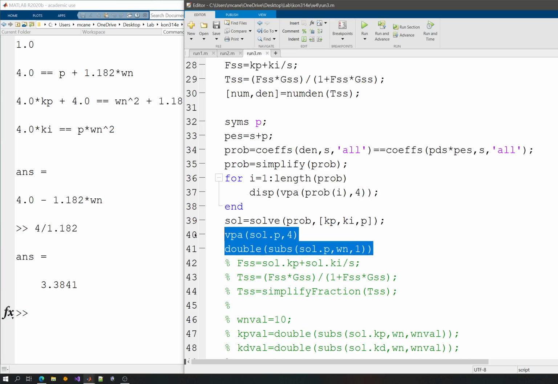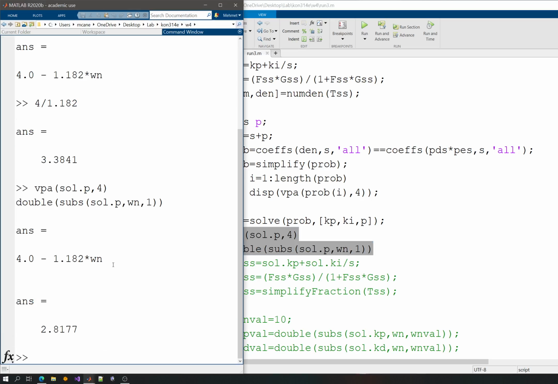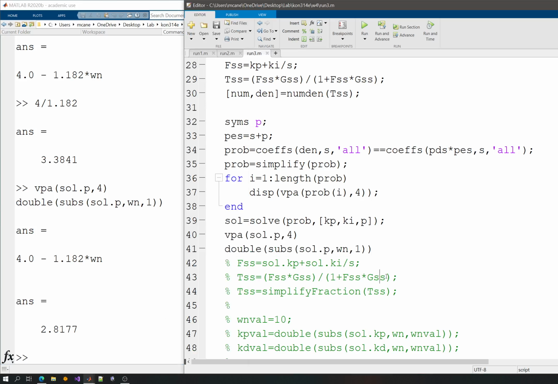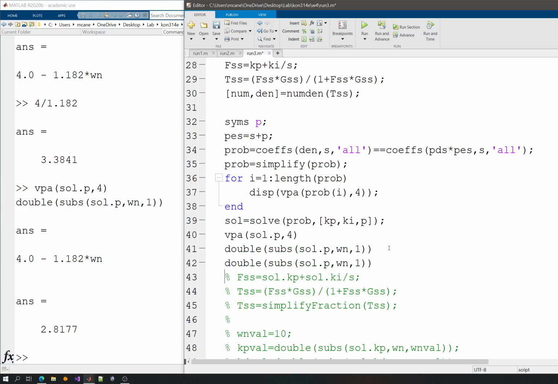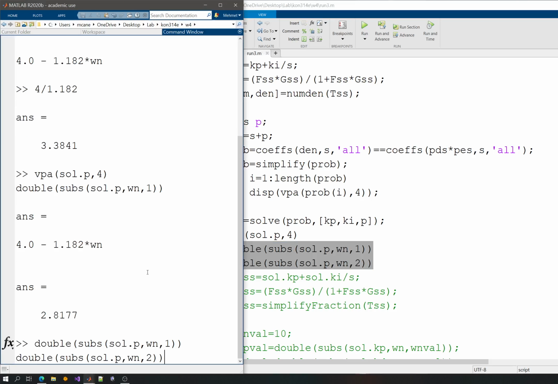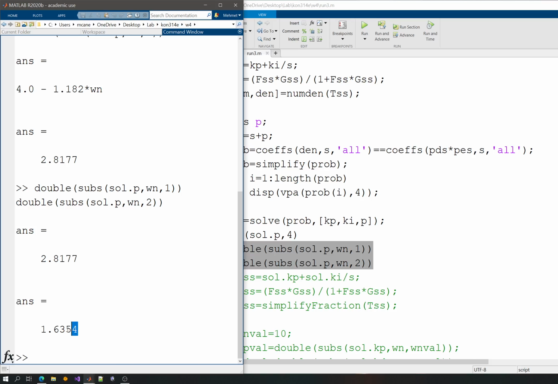Now, if I look at this, I can see that I have 2.8177. Let's choose a different value for omega n. Let's make it bigger. I can see that it will become less, and since I'm calculating the p-value here, this will be at minus 1.63.